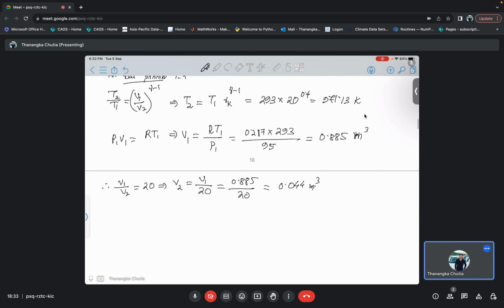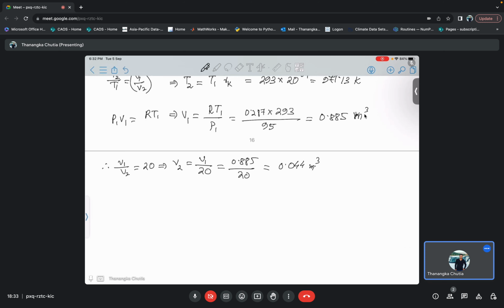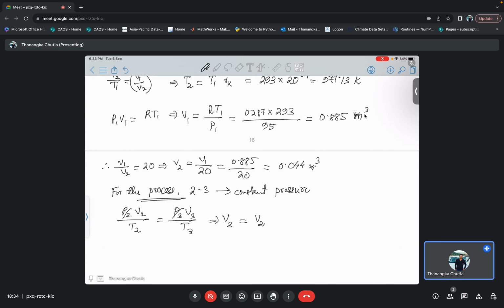Now how to calculate V3? For the process 2 to 3, P2 V2 by T2 is equal to P3 V3 by T3. Now remember, this process 2 to 3 is a constant pressure process, because now our heat addition is taking place at constant pressure. So P2 is equal to P3. So from here V3 is nothing but V2 times T3 divided by T2.